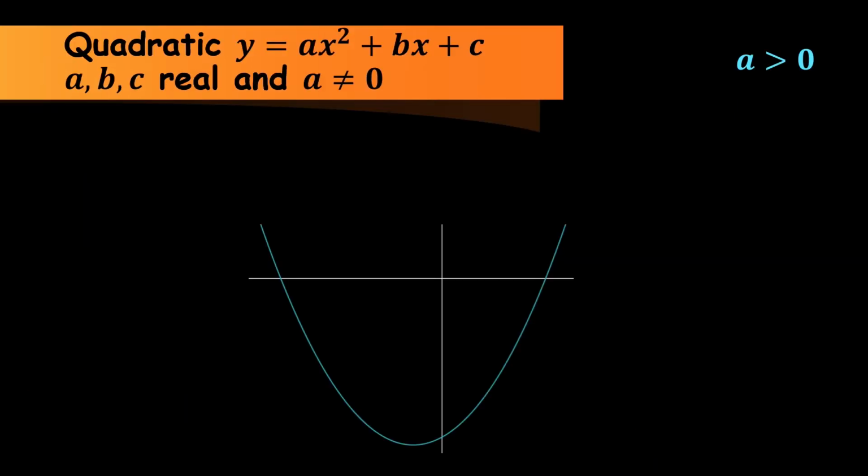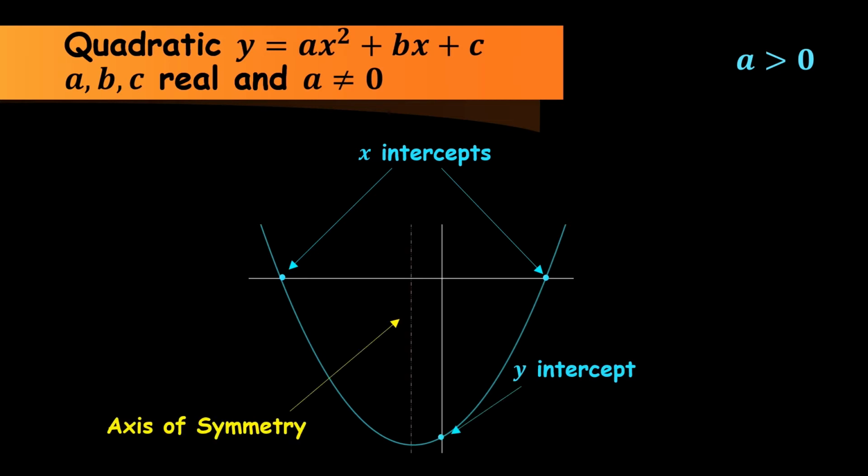Let's remind ourselves what we need in order to sketch our quadratic. Consider the case where a is greater than 0. We require the x-intercepts, the y-intercept, the axis of symmetry, and the turning point.